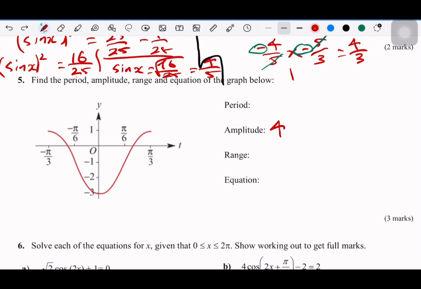The range of this equation, we don't know that yet. The period is going to be pi over 3 plus pi over 3, and that gives us 2 pi over 3.